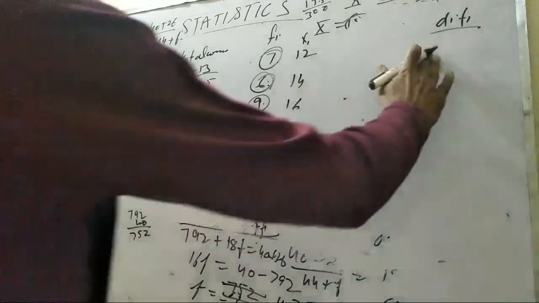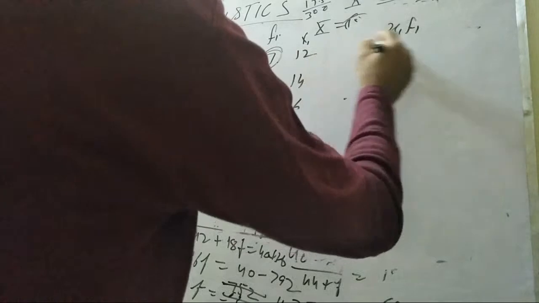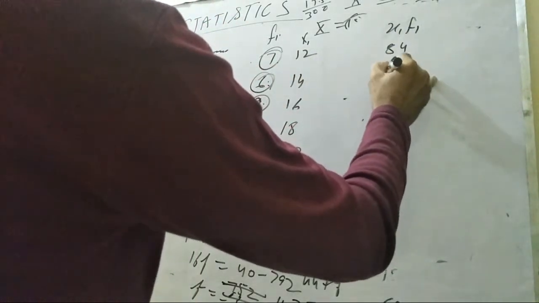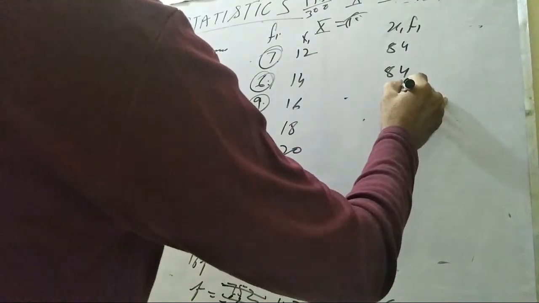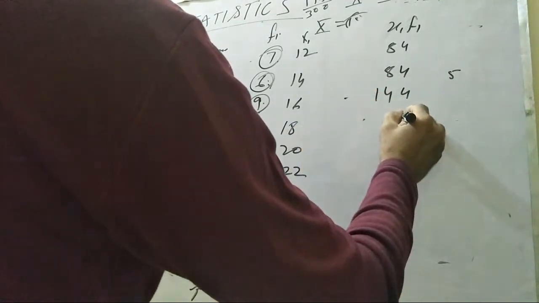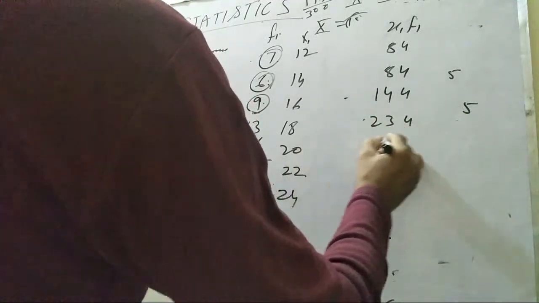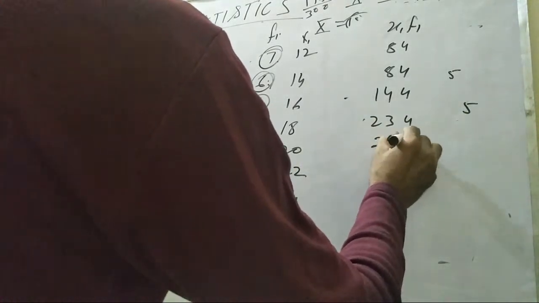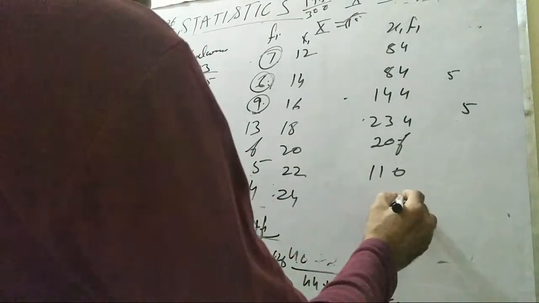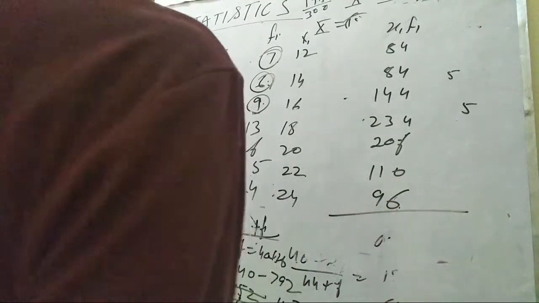Now, no need for d1; we need x1 and f1. The products are 84, 84, 54, 18 into 13 and 20f, 110, 88, and 96, and this is the total.